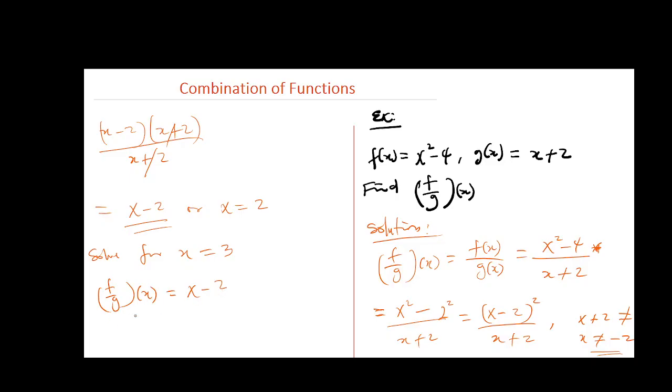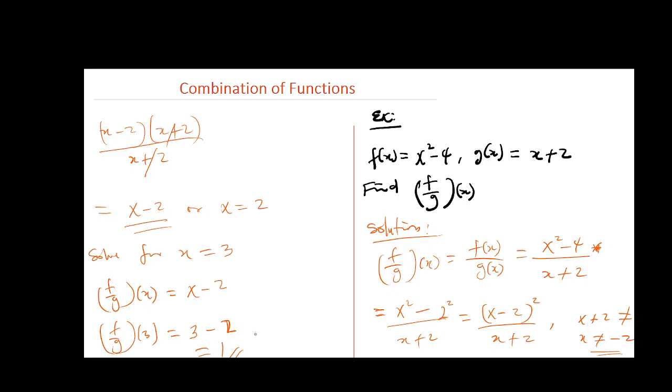So our f over g of 3 would give us, anywhere we see x in the function, we'll replace with 3. So we are going to have 3 minus 2. The answer will equal 1. So when x is 3, this quotient combination will give us 1.